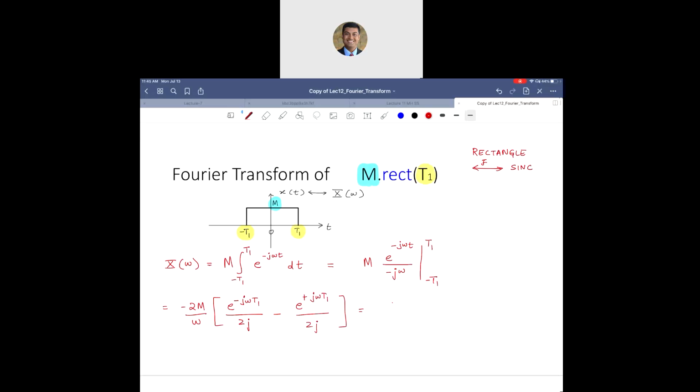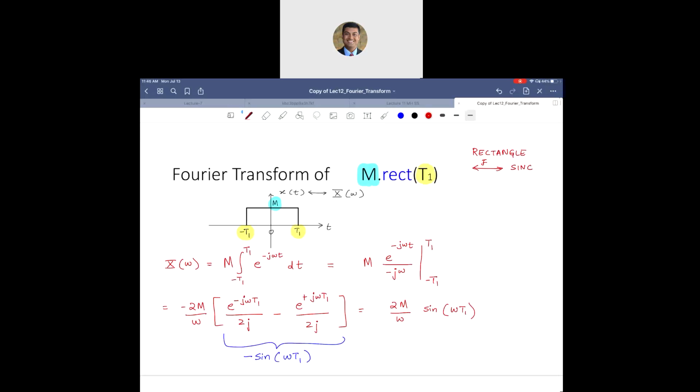This will equal 2 times M divided by omega. Let's see, what is this guy? This guy is essentially negative sine omega t1 using Euler's. So the negative sign cancels out with the next negative sign. You get 2M divided by omega sine omega t1.